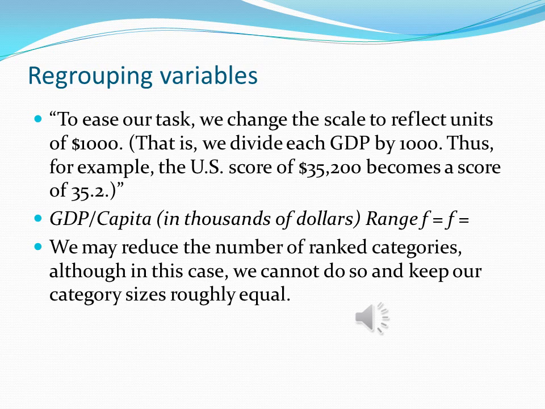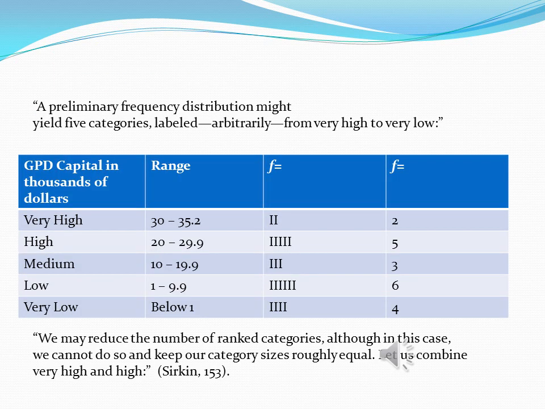The GDP per capita in thousands of dollars range is as you see on the table in your book. We may reduce the number of ranked categories, although in this case we cannot do so and keep our category size roughly equal. A preliminary frequency distribution might yield 5 categories labeled arbitrarily from very high to very low. You'll see this table in your textbook, Sirkin, page 153. We're going to look through this together.